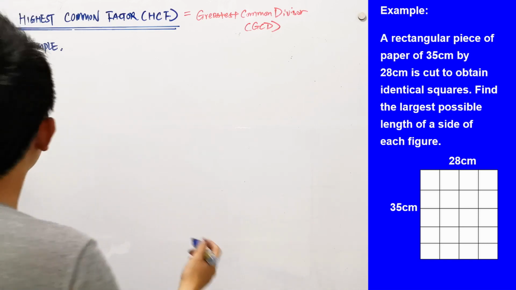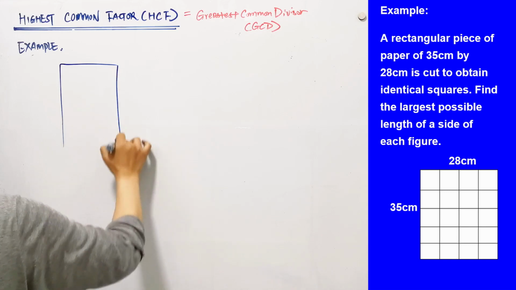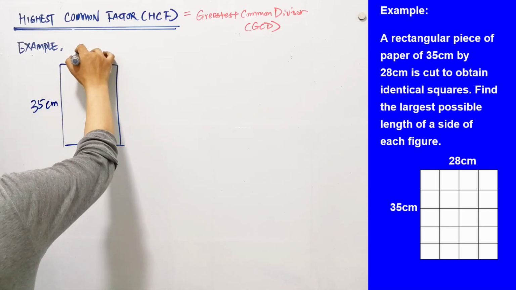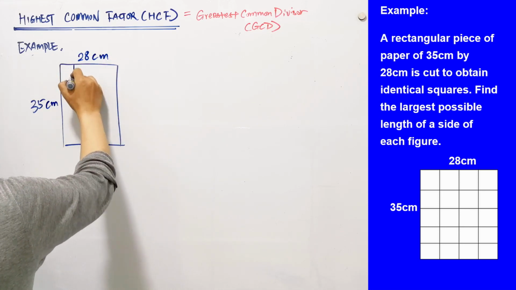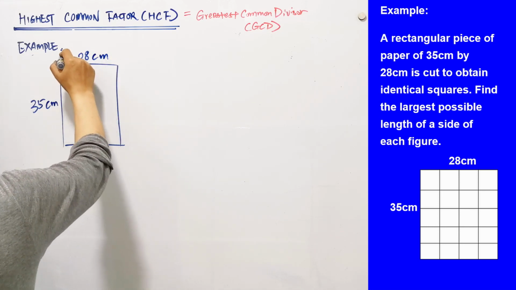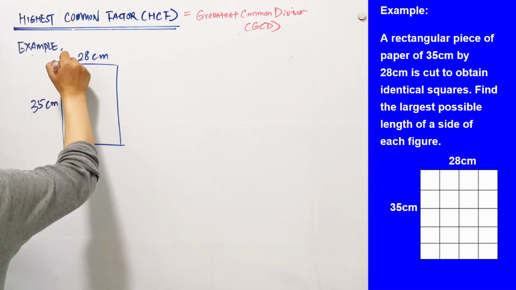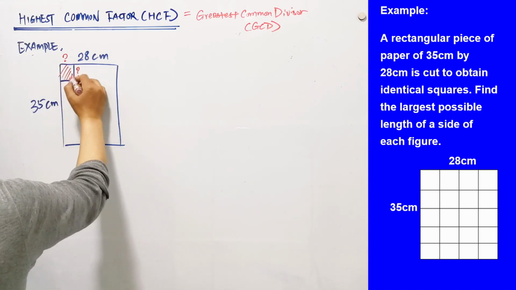So basically it's the same thing, right? So we have a paper 35 centimeter and 28 centimeter. Basically you're going to cut squares. So you need to find out what is the largest possible square you get for this area, right?